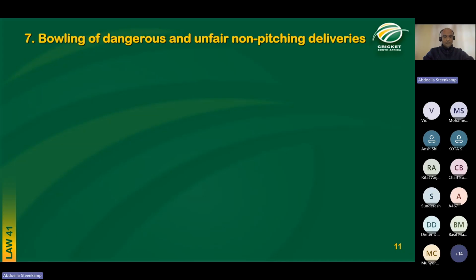Next subsection is how to deal with the bowling of dangerous and unfair non-pitching deliveries, full tosses, beamers, whatever you want to call it. So how do we deal with it?